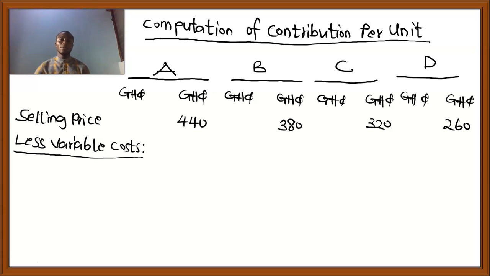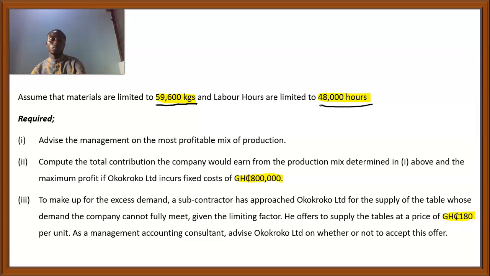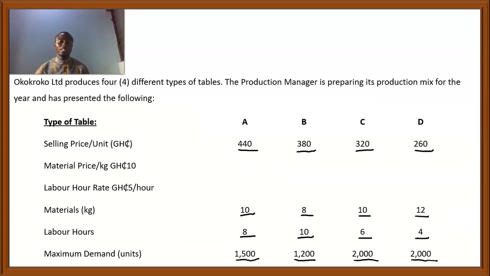In this question, we have two variable costs. We have material cost and then labor cost. So material cost. We also have labor cost. Going back to our question, we realize that the material price per kilogram is 10 Ghana cedis.